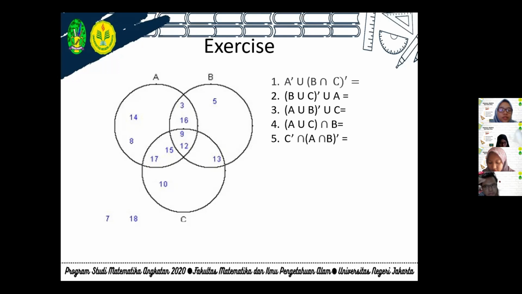Could you repeat the answer of number 4? 9, 12, and 13. False, it's a little bit wrong.